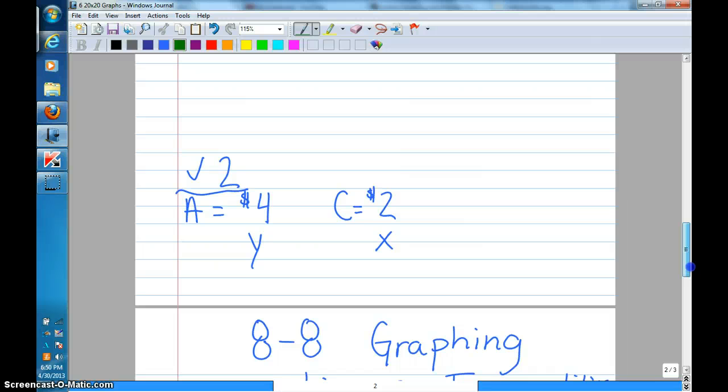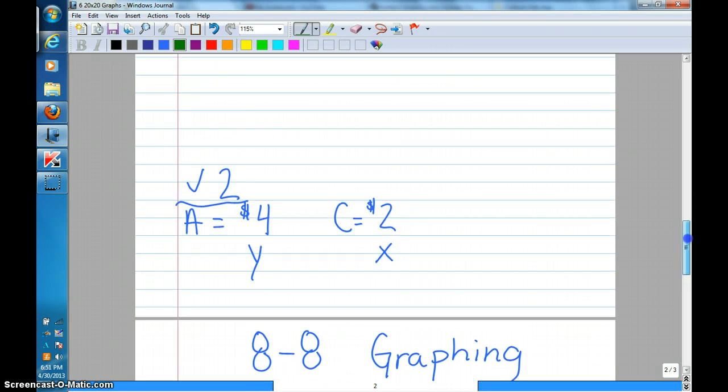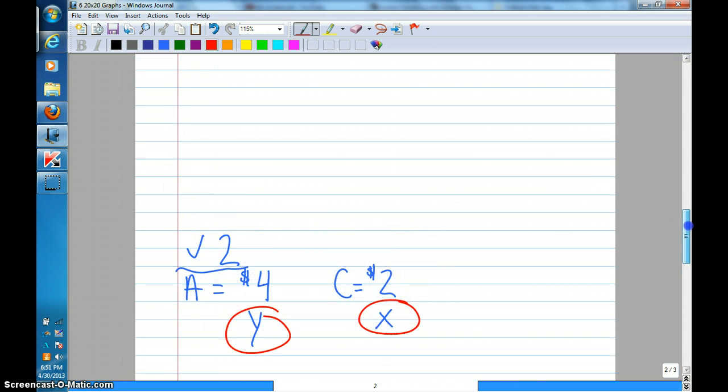And it kind of already gave you this example here, guys. It said adult tickets to the school play cost $4. Children's tickets cost $2. Your goal is to sell at least $30 of tickets. So let x be the number of children's tickets, y be the number of adult tickets, and graph a linear inequality.